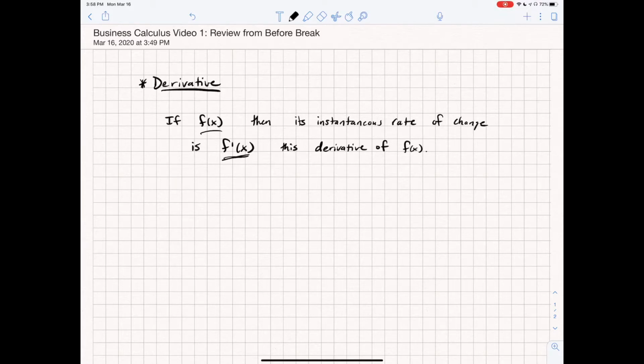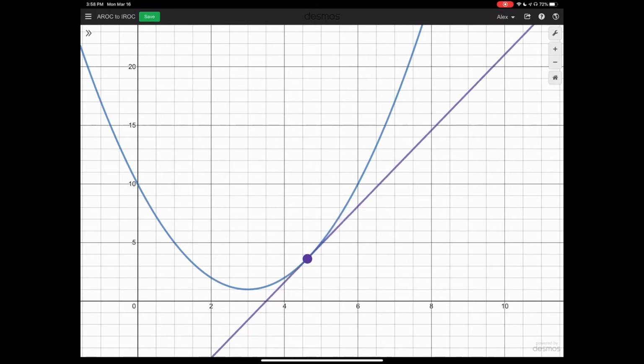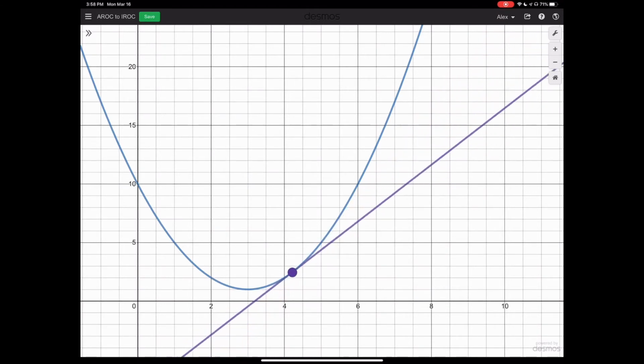And again, what f prime essentially represents is how the function is changing at any specific moment, thus the instantaneous part of this. I've got a function pulled up with Desmos where the blue function, this parabola, is my f of x. And this purple point represents how the curve is changing at any moment.